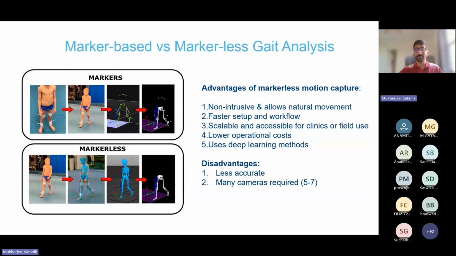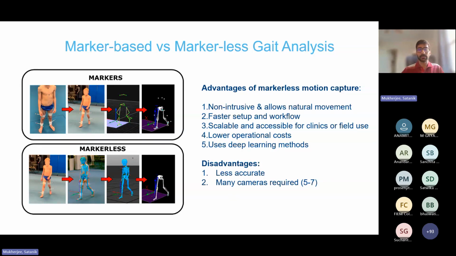So there might be some anomalies in the measurement of the gait when markers are placed, just because the patient becomes conscious of it, does not follow the natural gait pattern, and might try to compensate or do something that might hinder some of the inferences that you actually want.